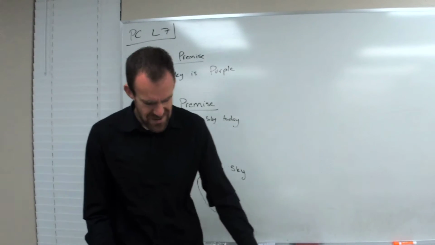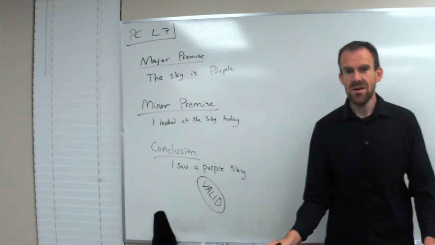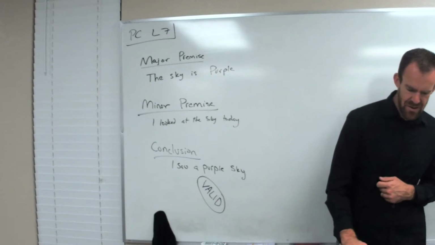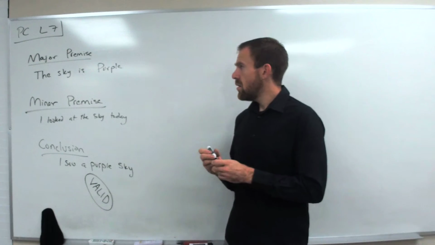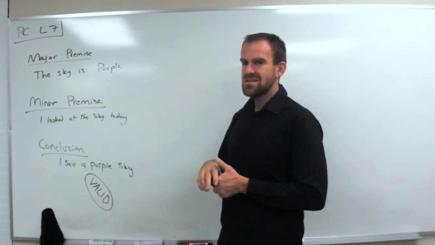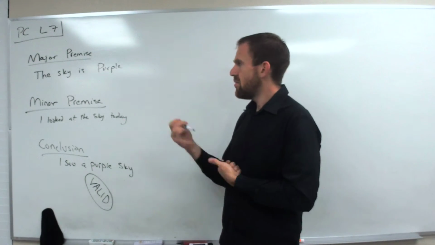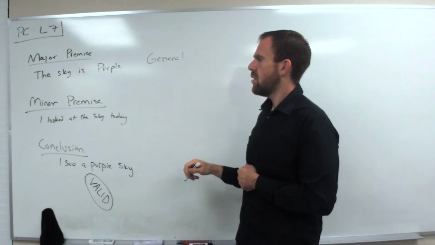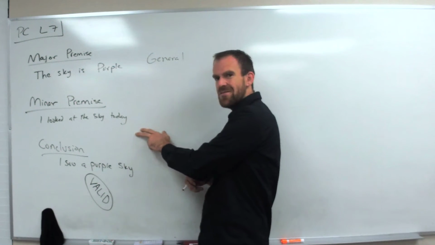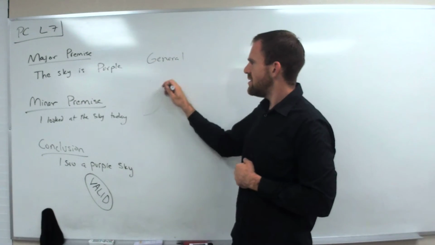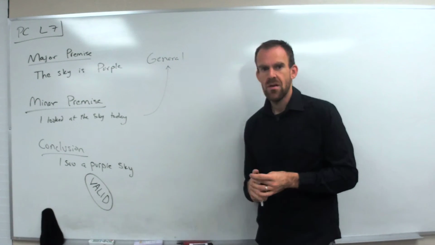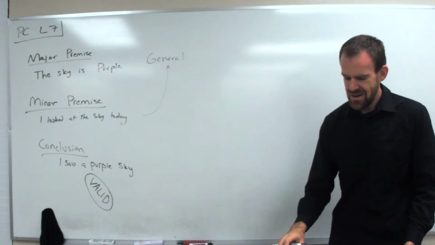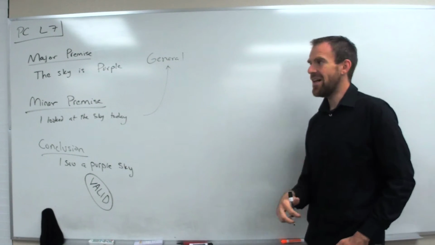Now, here's the basic idea. It is going to be valid if the major premise is more general and then the minor premise fits into that general rule. Let me give you an example of when this logic would be invalid.